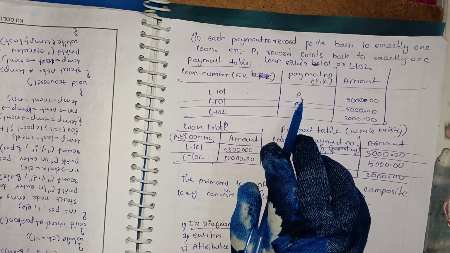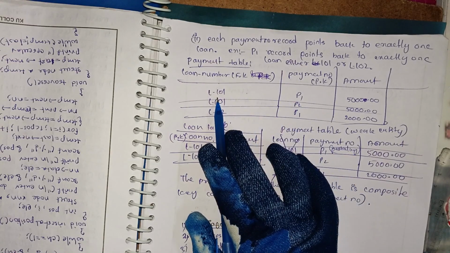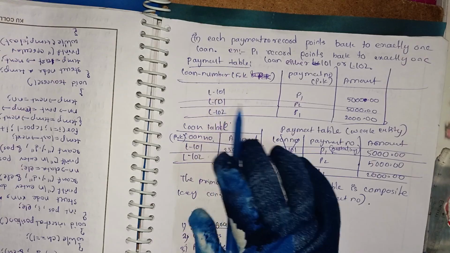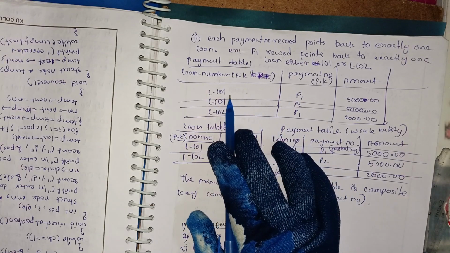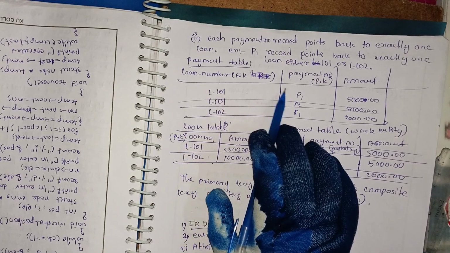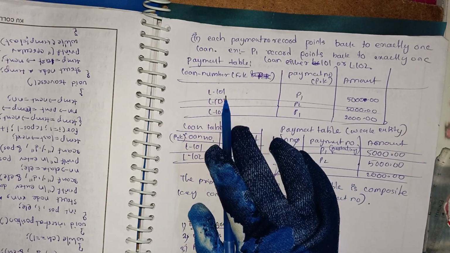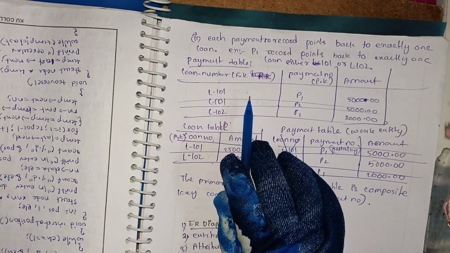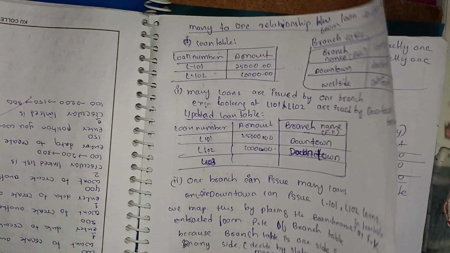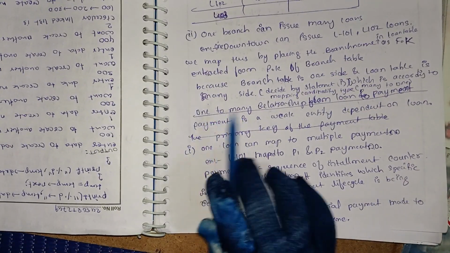So these payments P1 and P2 point to exactly one loan number. Multiple values of the second table are pointing to a single value in the first table. So a many to one relationship is established here. Many to one.